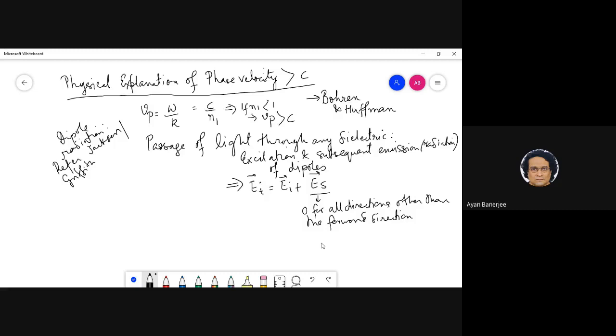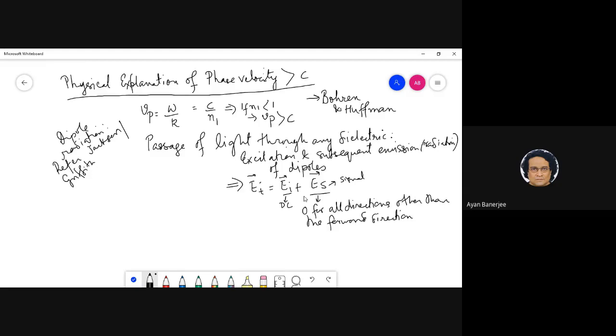So what I try to show here is that there is a field which is coming in. Not all of it is scattered; some of it goes unscattered. You can say this is like the DC part, and this is like the signal part. There is an offset, that is the unscattered part, and this part is the scattered part. In terms of magnitude, we'll see vectorially in the diagram I'll show you.